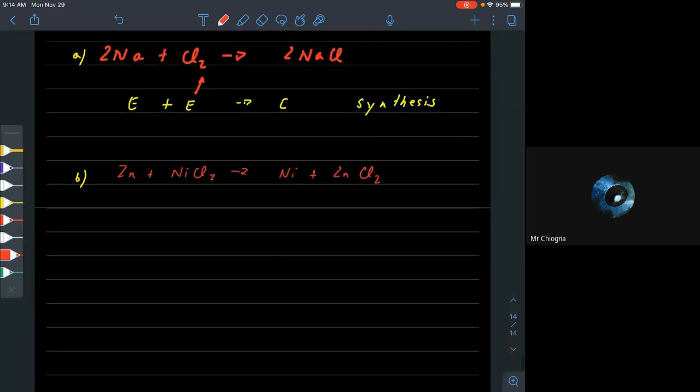Okay, so look what's happening here. We've got a replacement going on. The zinc is replacing the nickel. They're trading places. So there's one element, in this case a metal, being replaced. So it is single replacement.